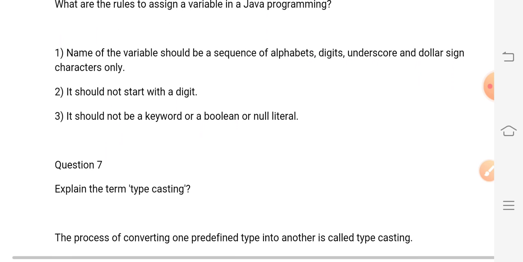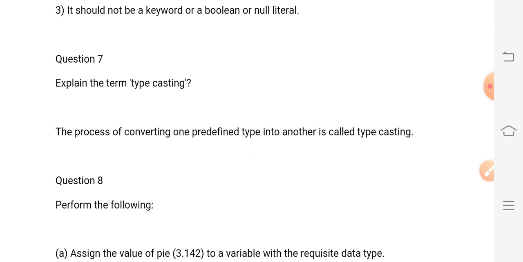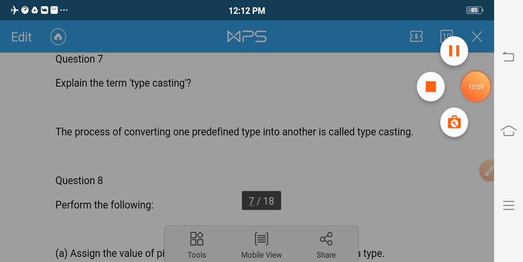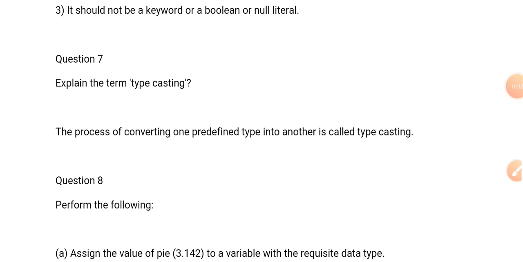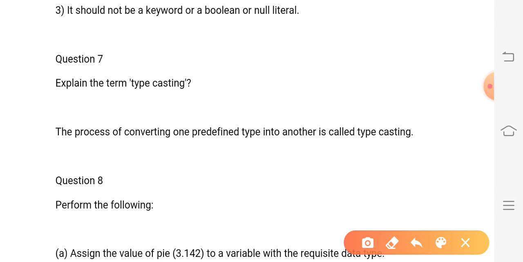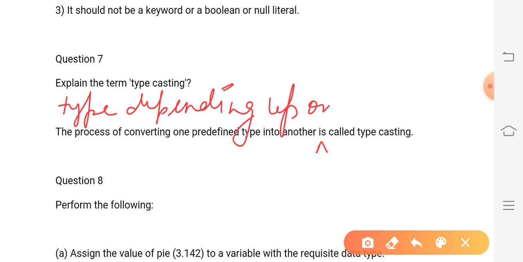7th question, explain the term typecasting. So here in this answer you can add on just one thing: the process of converting one predefined type into another type depending upon the user's choice.